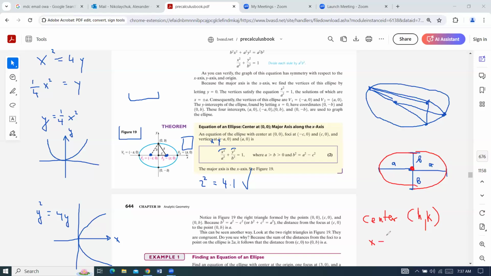So the actual formula is x minus h, in parentheses, squared, and also y minus k, in parentheses, also squared. And this is divided by a to the second, and the y part is divided by b to the second.